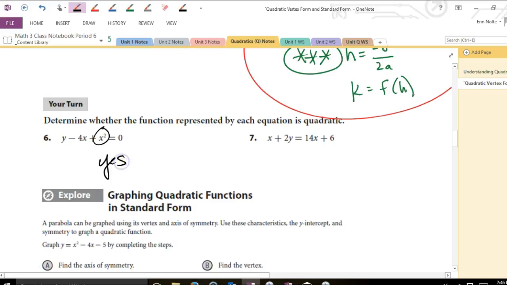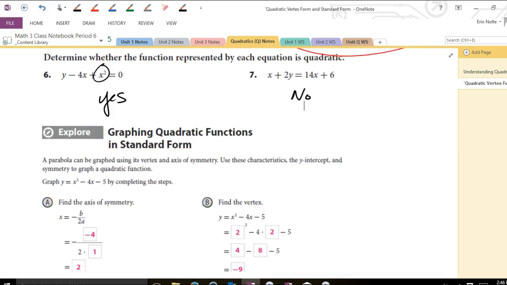Yes, that is a quadratic function. Okay, what about number 7? No, why not? There's no x squareds, right? There's nothing that is squared. Everything is linear in that one. If you solve for x, it would be a linear function.